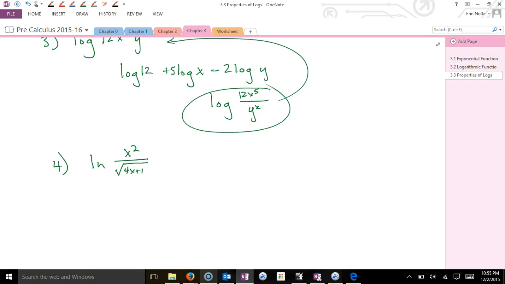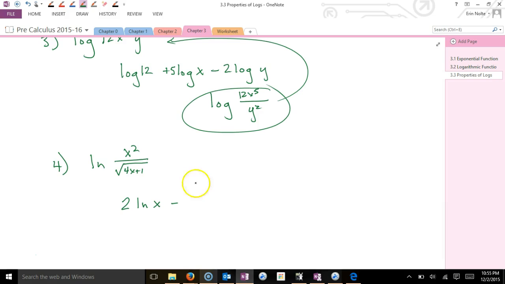Okay, so when I expand this, what is it going to look like? What's my first one going to be? Good. Minus. What did you say for the last part? The natural log. Right. Okay, so interesting thing about this question, if I have a square root, can I rewrite a square root as an exponent? Yep. Because that's the same as to the 1/2 power. So when I expand it, what's going to happen with that 1/2 power?